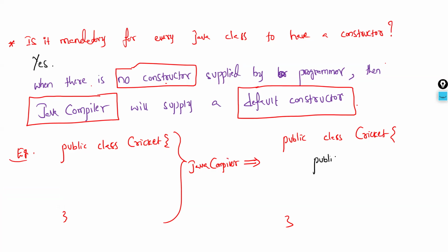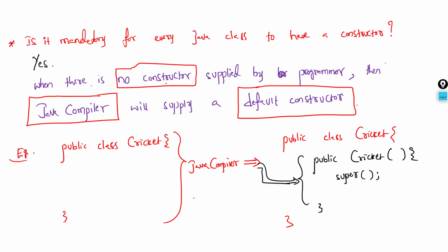Public, then followed by Cricket, then no arguments, then the constructor body, and inside this super in lowercase letters, open and close parenthesis, semicolon. This is the code which will be added by the Java compiler.